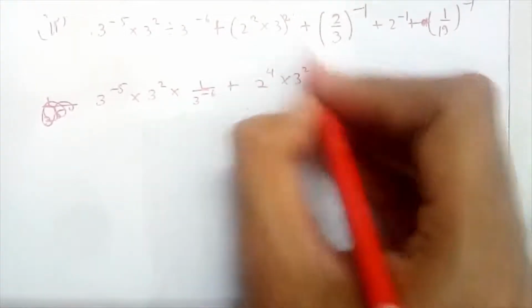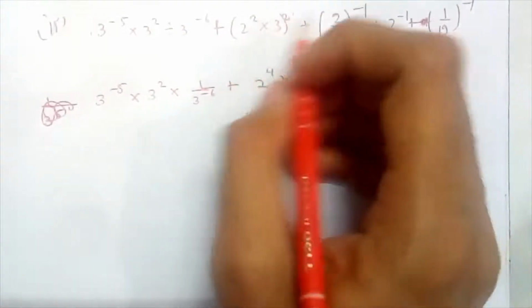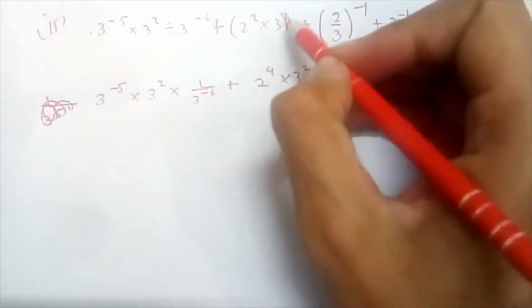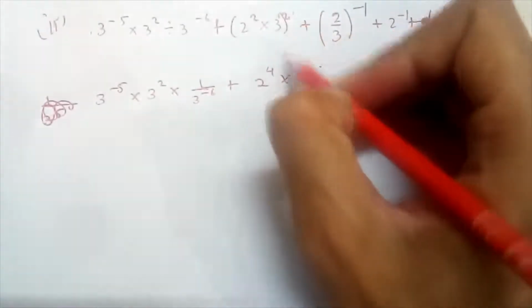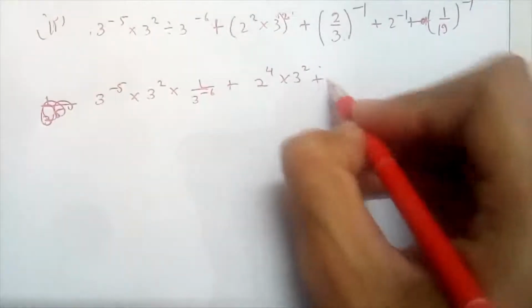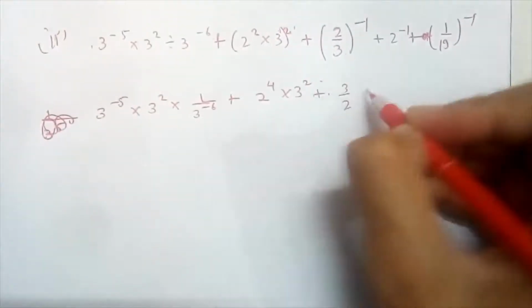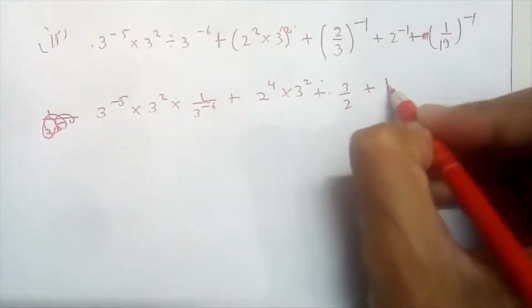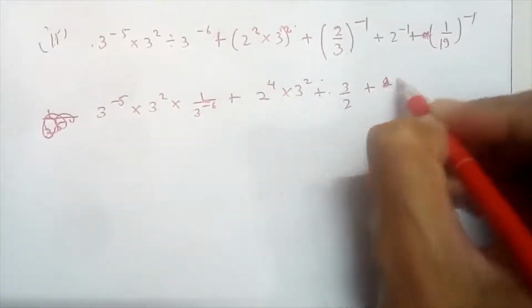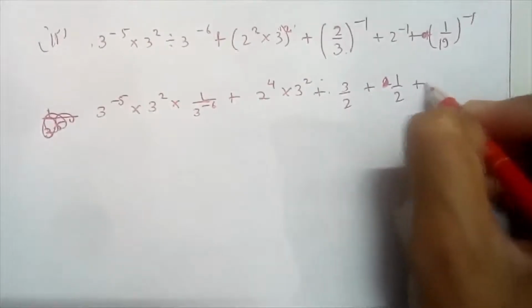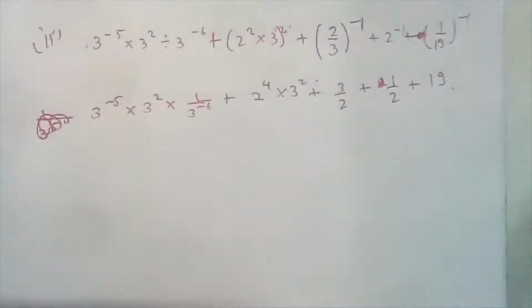The power is multiplied with both. Okay, 2 twos are 4 and 3 2 ones are 2. Okay, 3 by 2 plus 1 upon 2 plus 19.